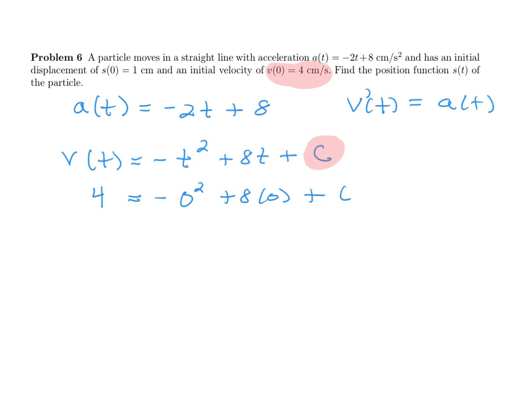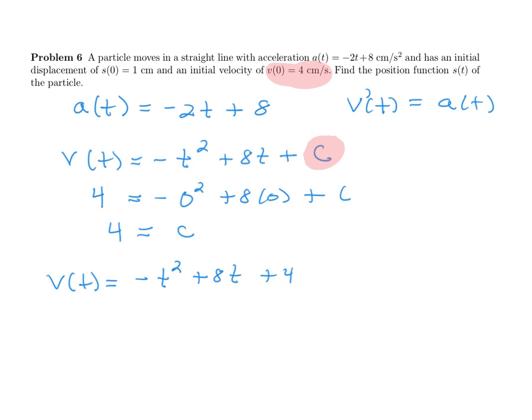I can see that this is 4 is equal to c. Therefore, v of t is equal to negative t squared plus 8t plus 4. That makes sense. If you put 0 in place of these two values of t, 4 is going to be the value that makes this a true statement.